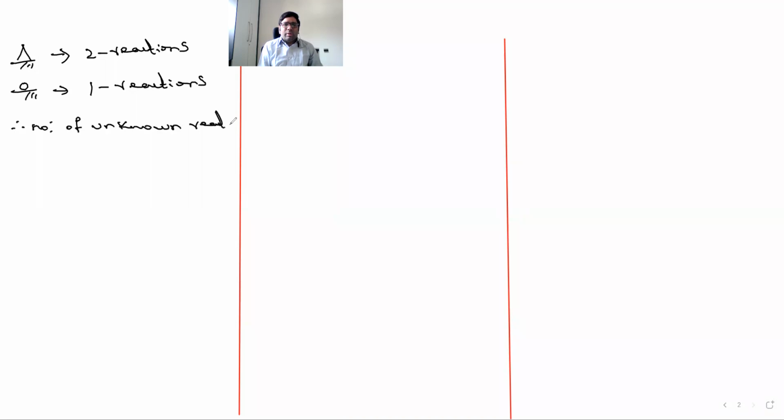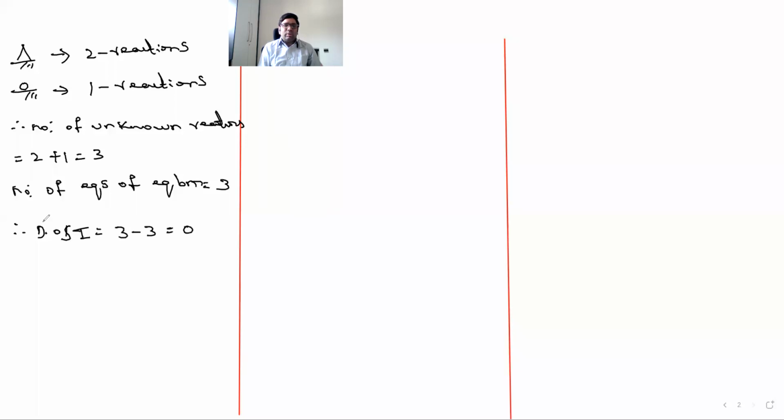Number of unknown reactions is equal to 2 plus 1, that is 3. Number of equations of equilibrium is equal to 3. Therefore, degree of static indeterminacy is 3 minus 3, that is equal to 0.